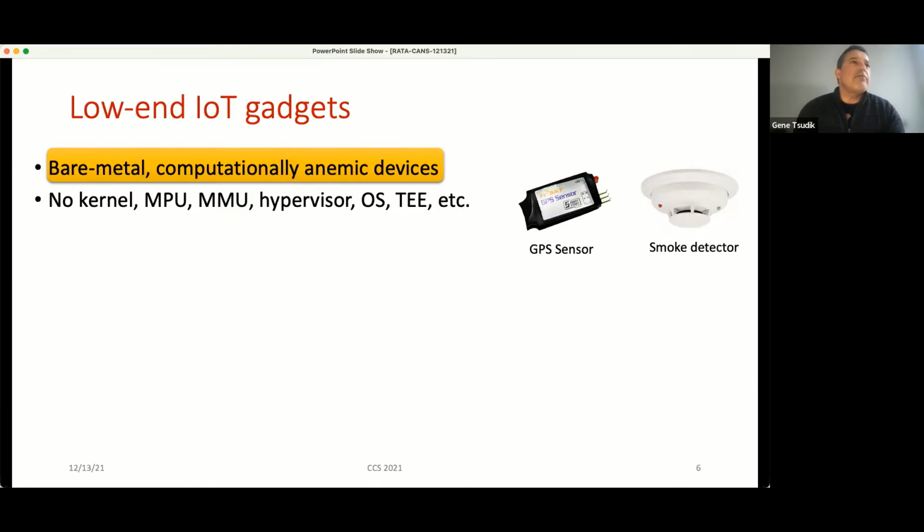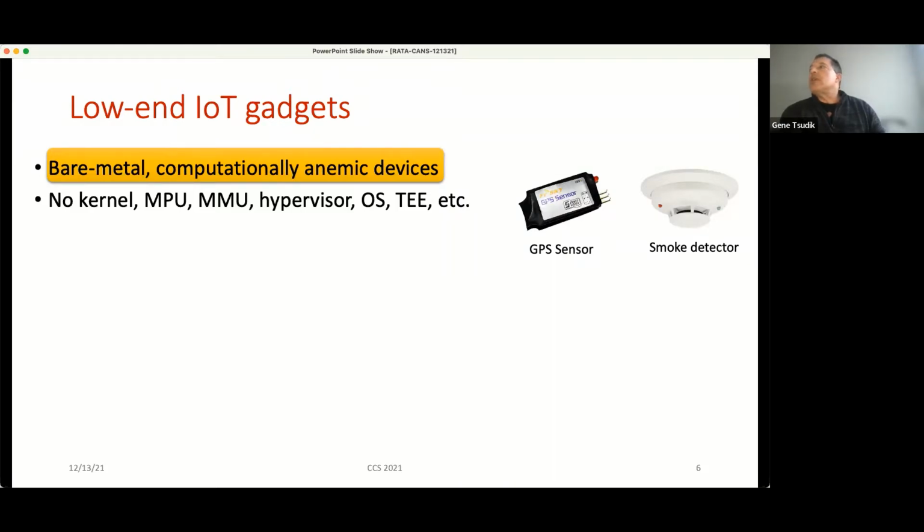They don't have operating systems, they don't have hypervisors, they don't have support for virtual memory, meaning there's no MMU, or memory management unit, and there's no memory protection unit. So there's no way to partition memory into different protected zones. There are no trusted computing features like a TEE of the kind we are used to having in our phones and laptops. So in other words, very much a bare bones environment.